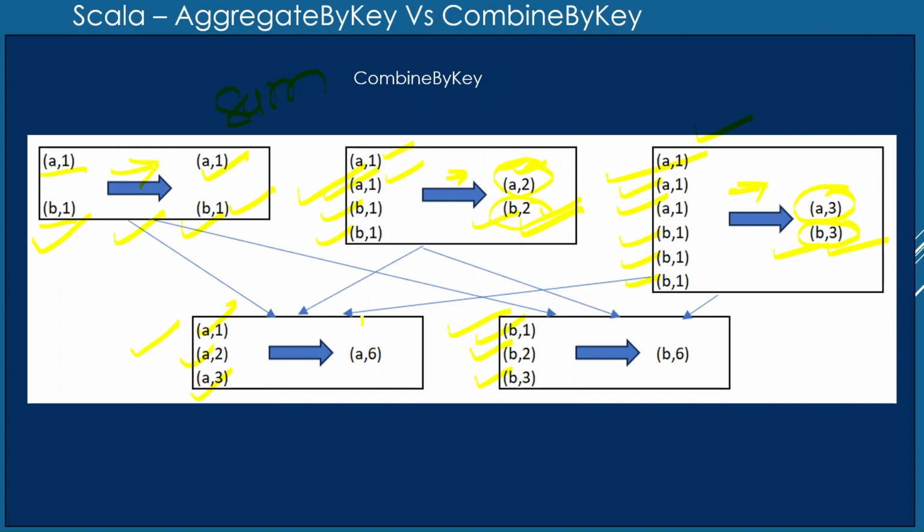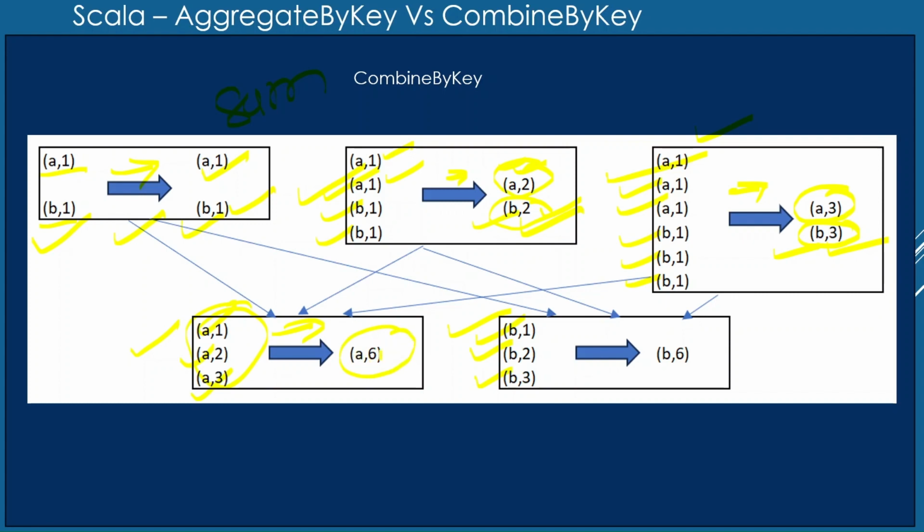So we can see the shuffling is happening between different executors, but shuffling is happening at the last stage of the transformation. When the data is created in a different partition for each and every key, then again the data is reduced. The aggregate function is applied on this key and value pair, and one value is returned: A is equal to 6.